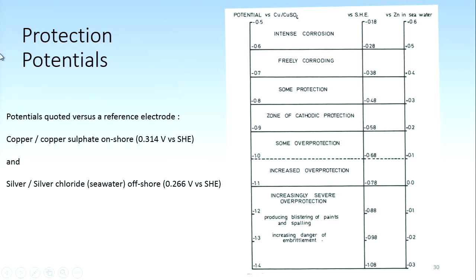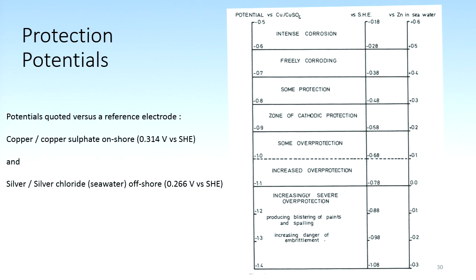It's a rule of thumb. It's not to say that you never find an impressed current system out in offshore. You do, but commonly you use the galvanic system.